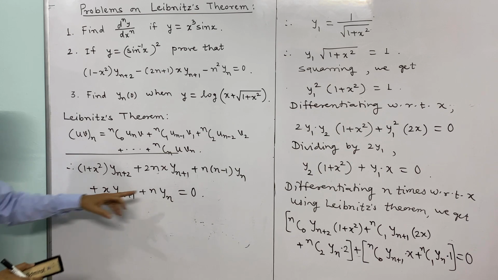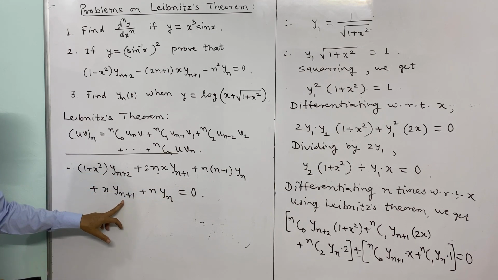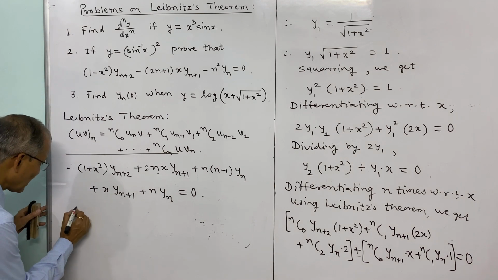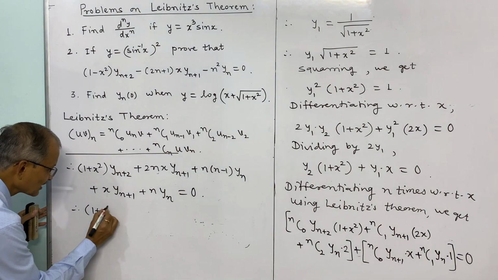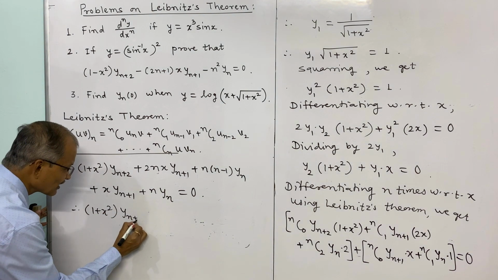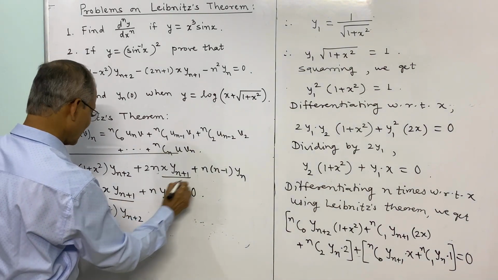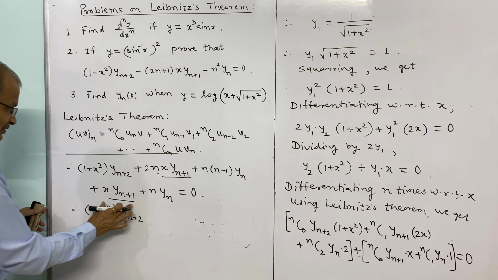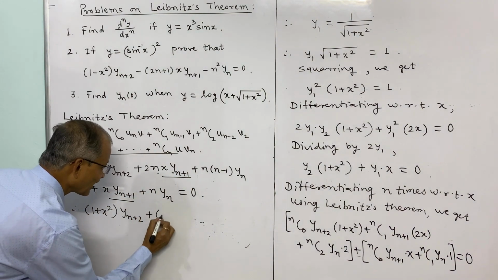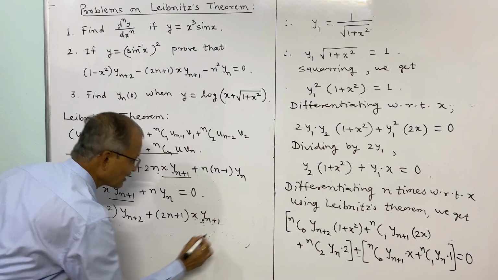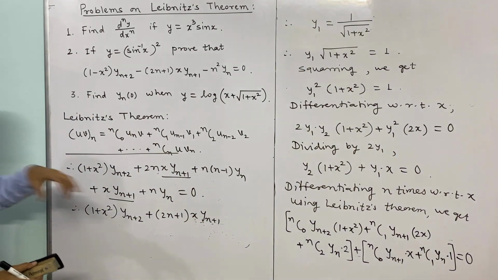Now we collect the common terms. yn plus 2 is here, and this is a single separate term, we write as it is. That is 1 plus x square into the n plus second derivative of y. And if you collect this, x into yn plus 1 is common. So what remains in the bracket? 2n plus 1 into x yn plus 1, meaning the n plus 1th derivative of y.